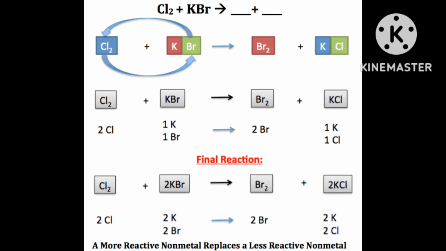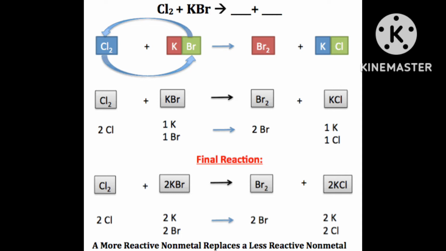Now another example. I told you that chlorine can displace bromine and iodine ions in an aqueous solution. The reaction is Cl2 plus KBr: suppose chlorine gas is passed into potassium bromide solution. Cl2 plus 2KBr gives 2KCl plus Br2.